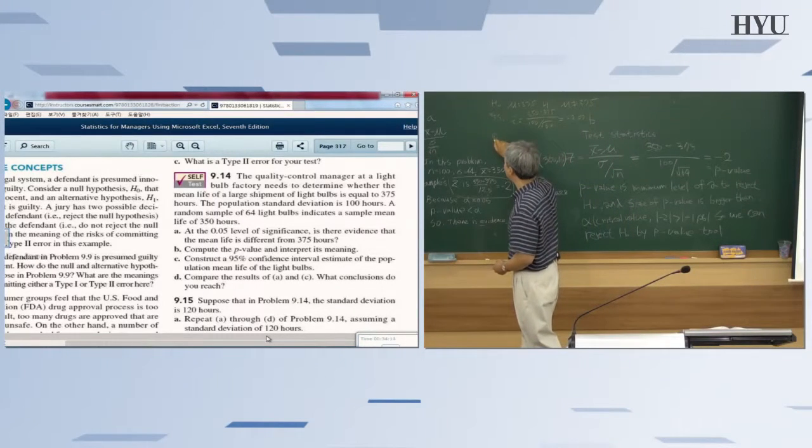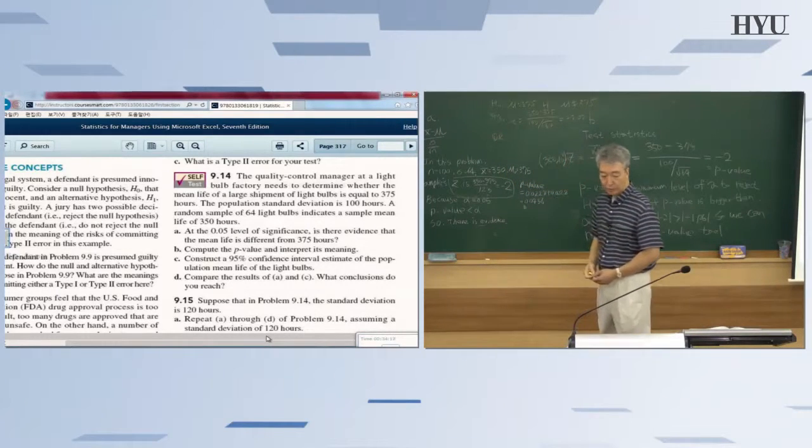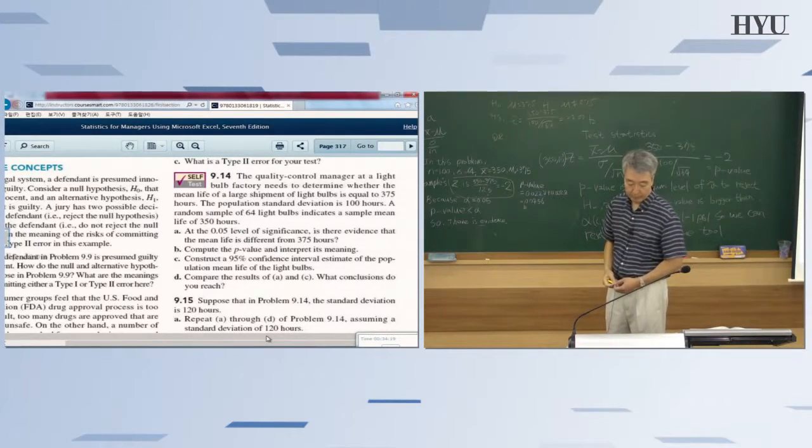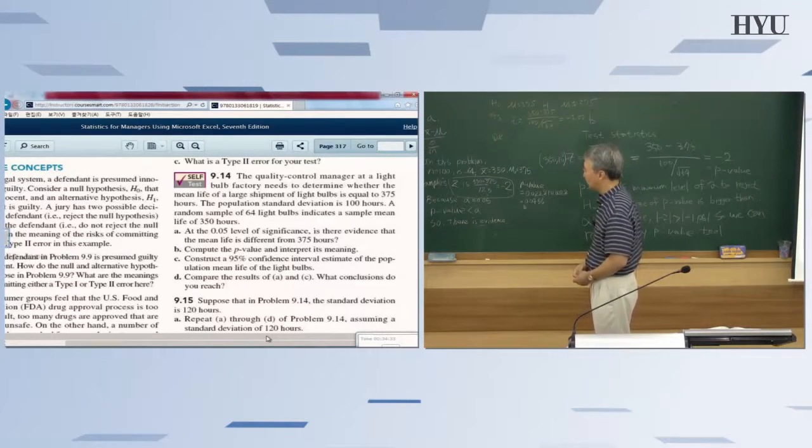All right, and the decision rule. For question A, apparently in question B, it asks for the p-value. So in question A, you can use the critical value approach, and in order to use the critical value approach, you have to decide the critical value.